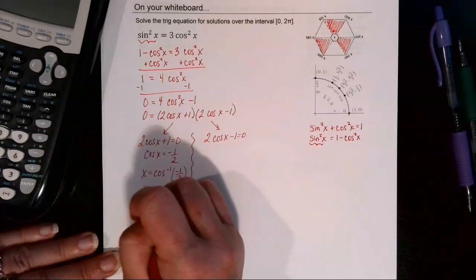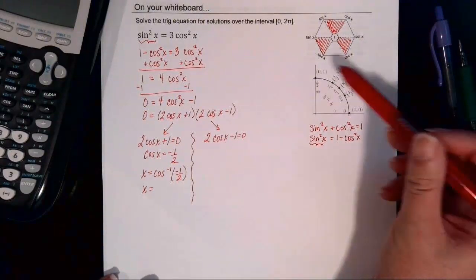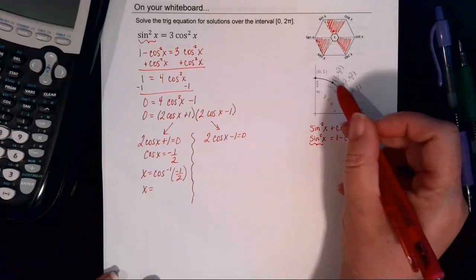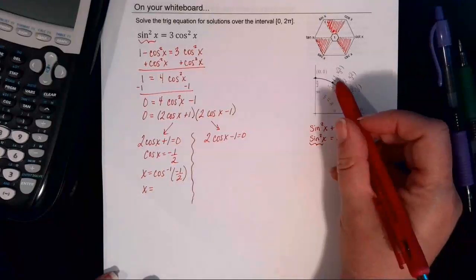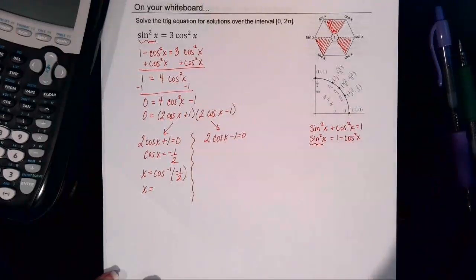And we want to look on the unit circle for all the places where the cosine is a negative 1/2. In quadrant 1, we can see that at pi over 3, the coordinate is a positive 1/2, but there are no negative x values in quadrant 1.